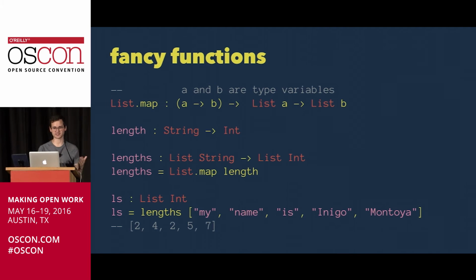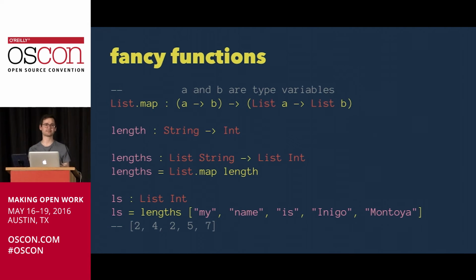But another way of thinking about this is through partial application. And you can see I added those parentheses around list A to list B. If we only give list map the first argument, which is the function, what list map is doing is turning a regular function from A's to B's into a function that operates from list of A to list of B.